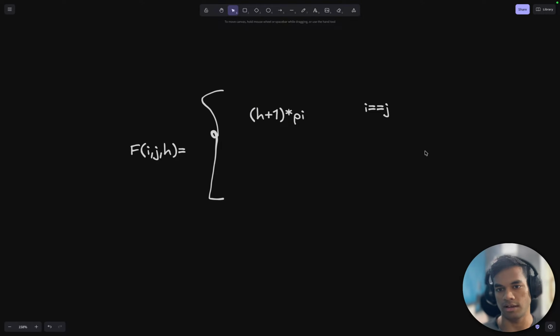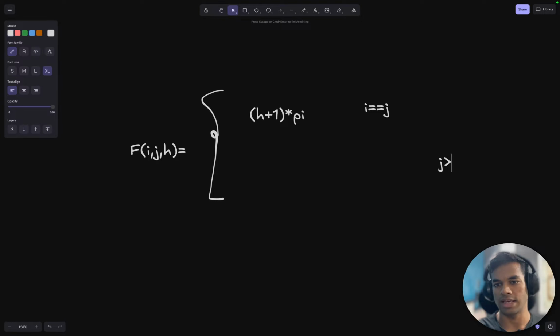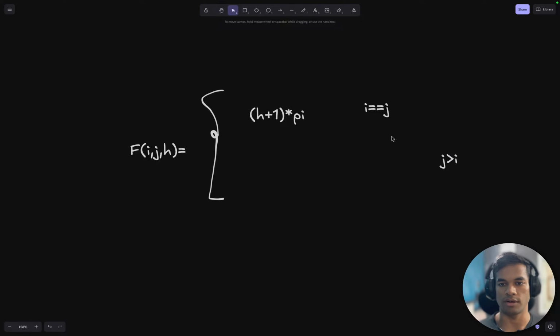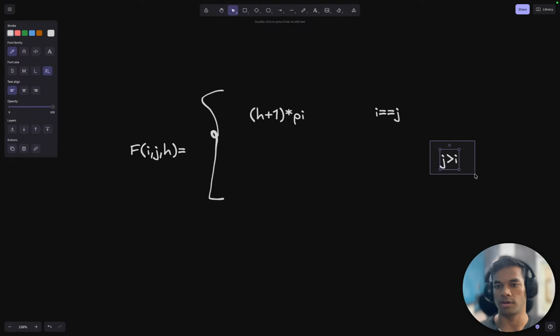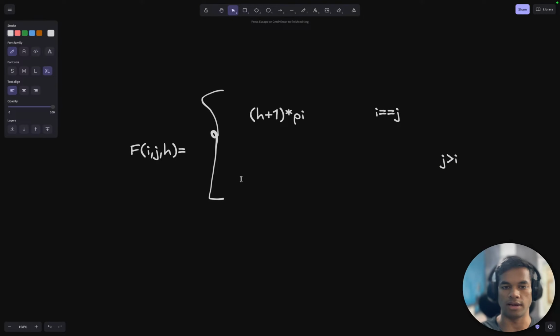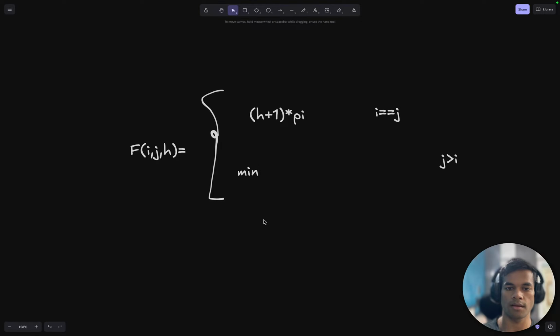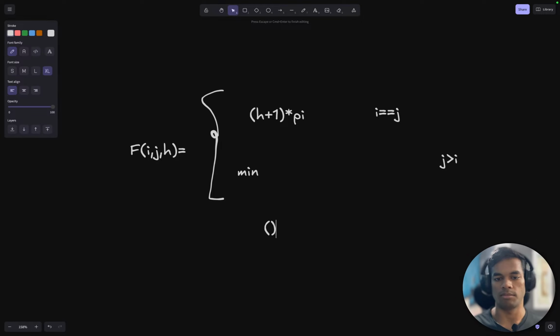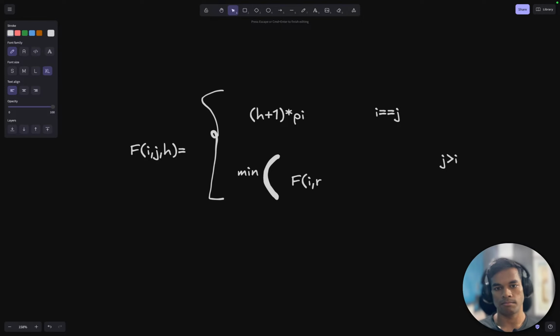But if that is not the case, if we have j strictly greater than i, not even equal, because if it was equal we would call the base case, then we want to find the minimum value for a subtree. We will call this function again and again, with a variable r.